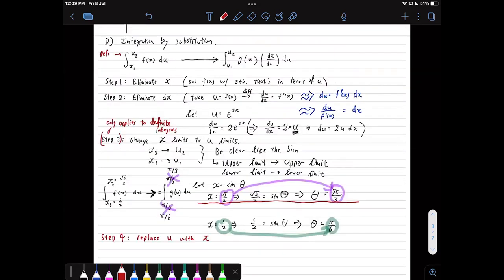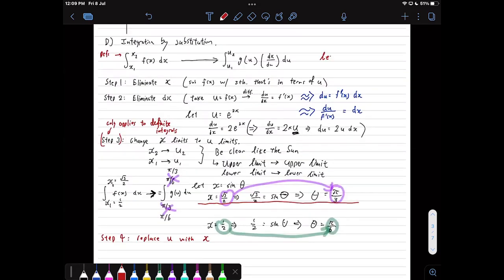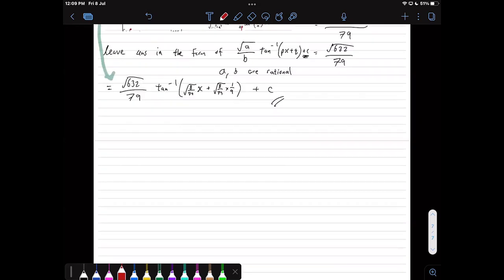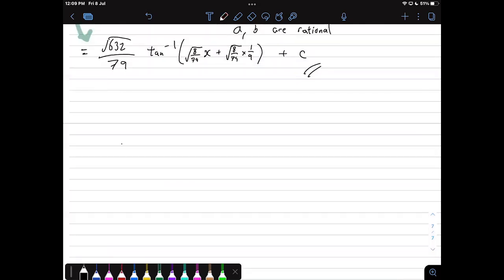How do I say this? If we let u equal f of x, we need to replace u back with f of x. It's a similar idea to when you're solving, let me give another example. For example, if you are dealing with 1 over x squared plus 2 over x plus 1 equals 0.